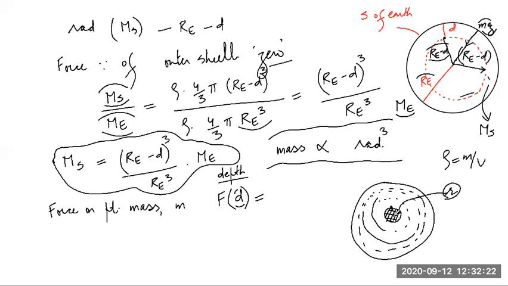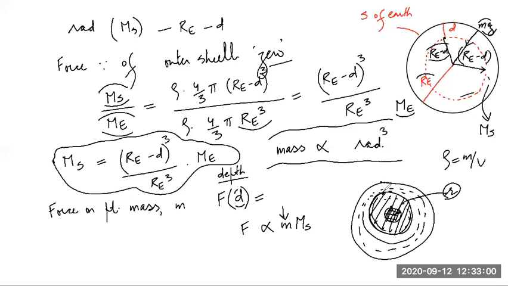As this radius is decreasing, the force is also decreasing, because the force according to the universal law of gravitation is proportional to the product of masses. When the point was at the surface, the entire mass of Earth concentrated at the center was attracting this mass m, right, Ishma? When the mass came here, it's only this much mass of Earth which is attracting the point.